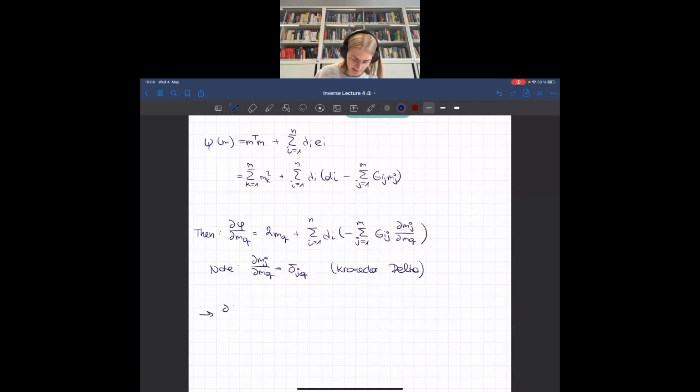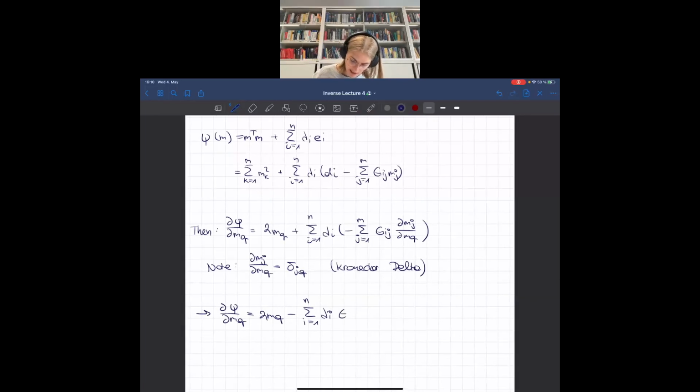So d psi derived by dm_q is 2 times m_q minus the sum of i from 1 to n, and only left will be lambda_i and then G_iq, because everything else will be multiplied with 0. And this thing here should be 0 for q from 1 to m. So this equation is very, very simple.